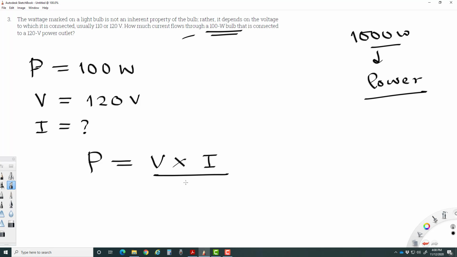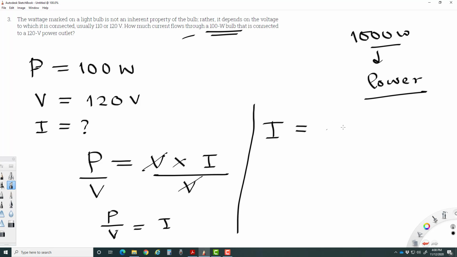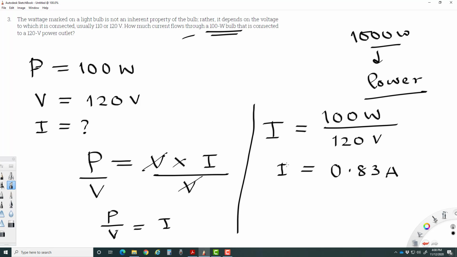For that, let me divide both sides by V. I can cancel V and V, then I will get P over V is equal to I. So I can find I by dividing P by V. P is 100 watt and V is 120 volts, and that gives me 0.83 amperes. So the unit of current is amperes.